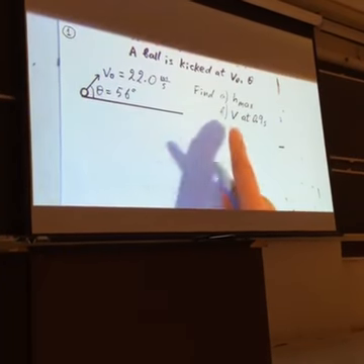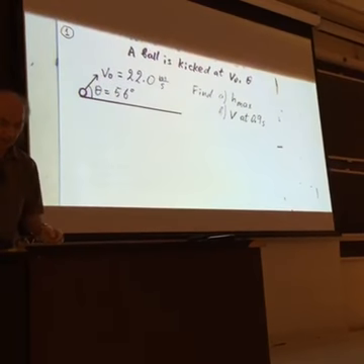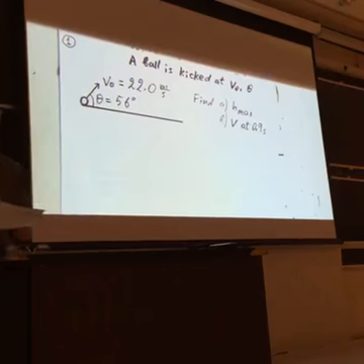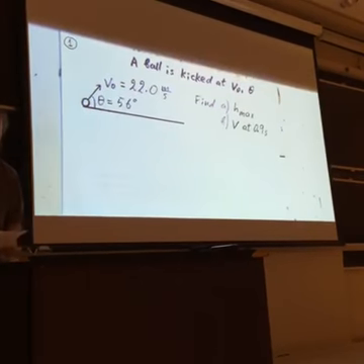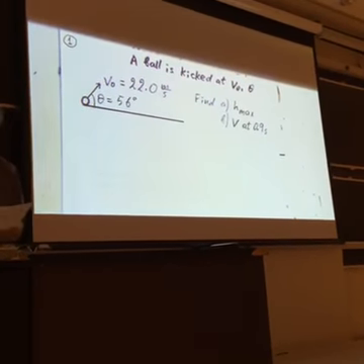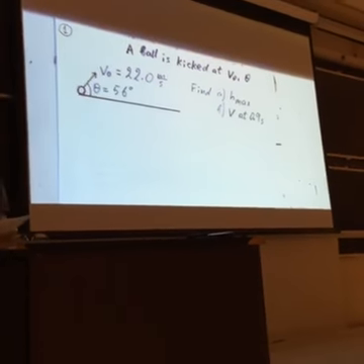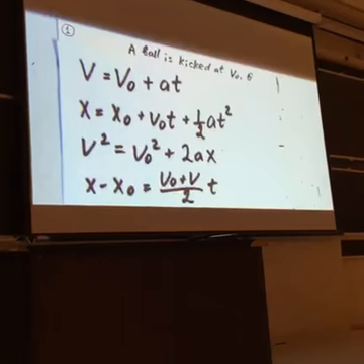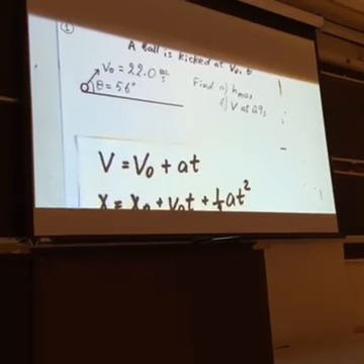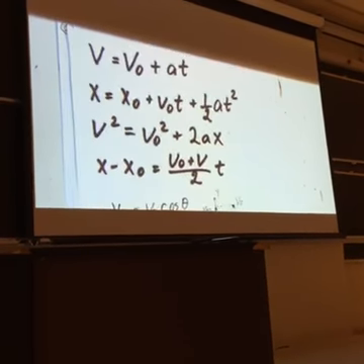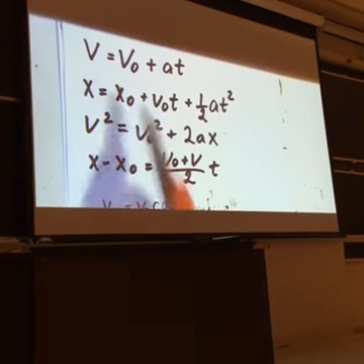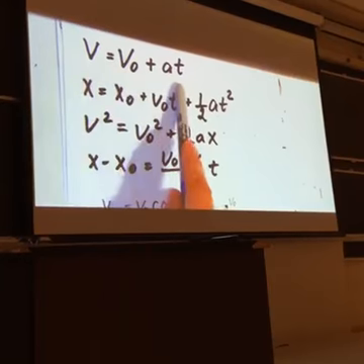So for maximum height, height is distance, right? Vertical distance. When you look at these formulas, you are given initial velocity and time, and you are talking about vertical distance. So I'm looking at this, can I use this?